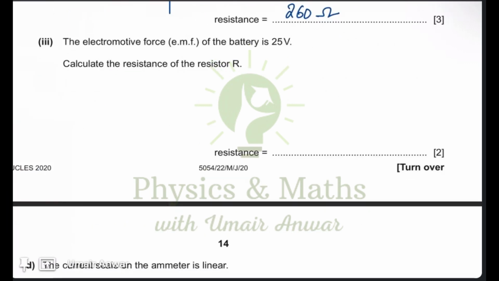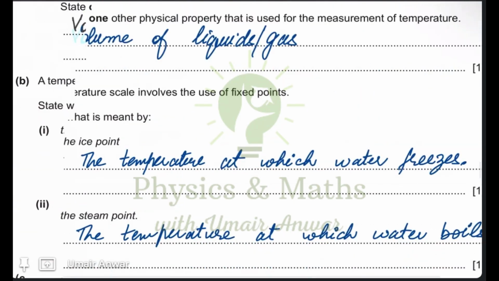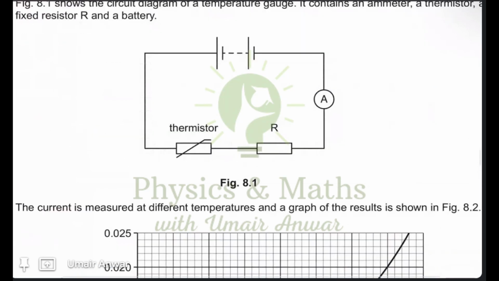The electromotive force EMF of the battery is 25 volts. Calculate the resistance of resistor R. Now we can see that it is a series circuit and 25 volts is the EMF of the battery.